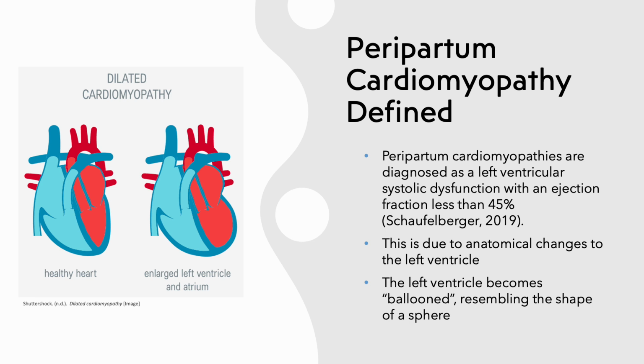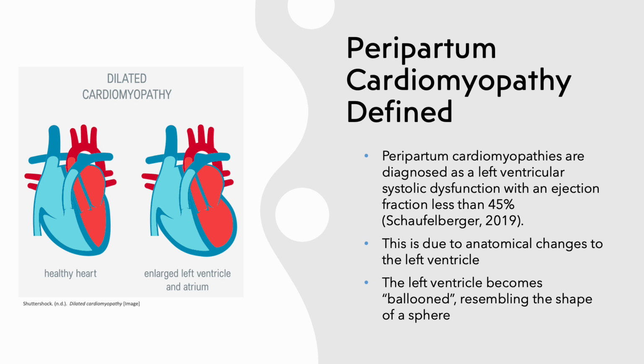As we can see here, it's defined as or diagnosed with a left ventricular systolic dysfunction that has an ejection fraction less than 45%. Now this is due to the anatomical changes of the left ventricle, which becomes ballooned and eventually resembles the shape of a sphere.